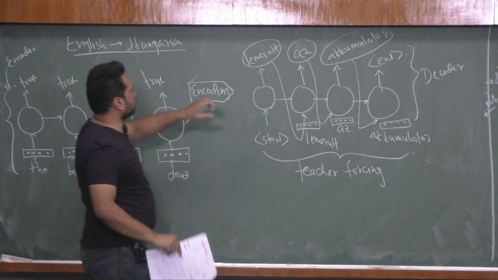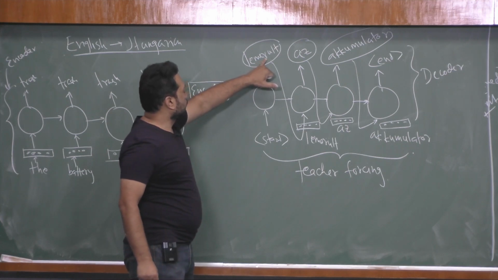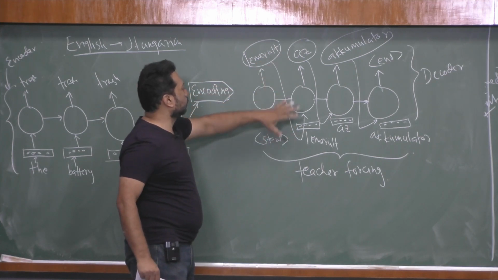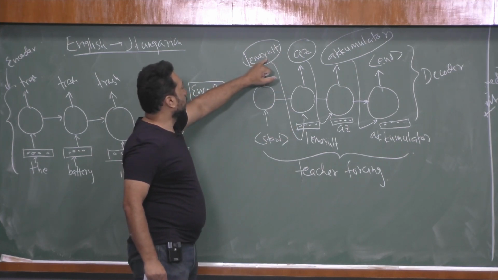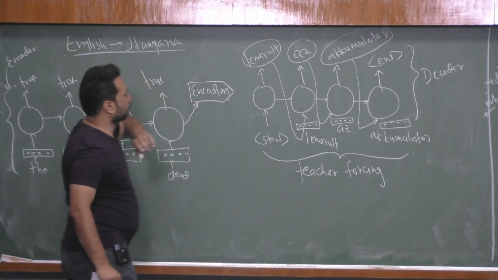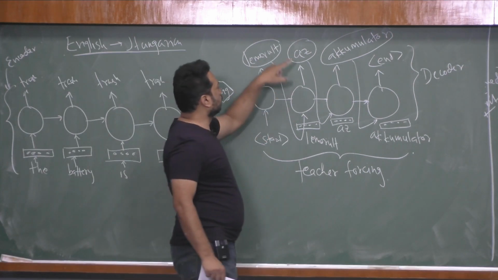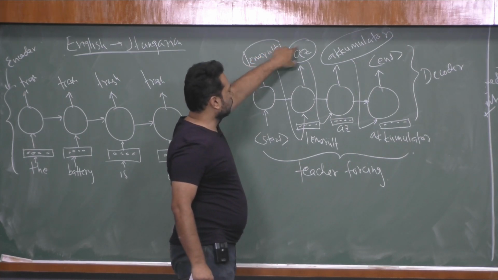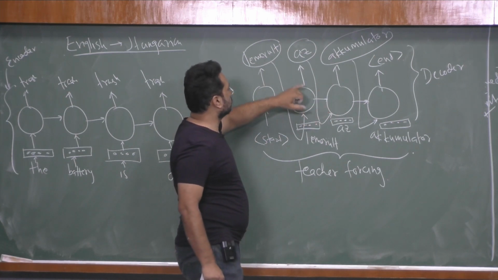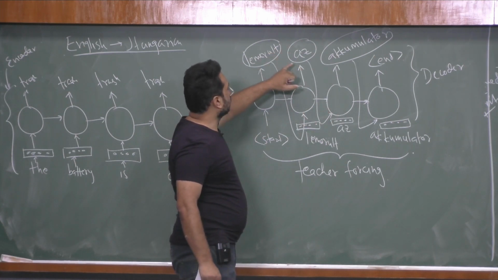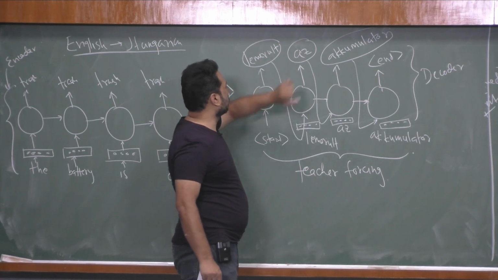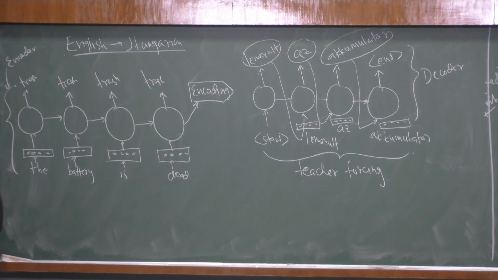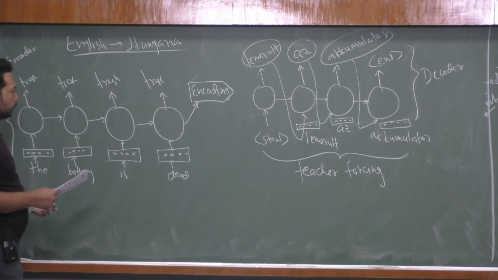If it produces something other than this, then we force the network to update the parameters such that it learns to produce this next time. Similarly, if this word goes in, then the correct next word is already AZ. In case the network doesn't produce AZ, we force the network to update the parameters via gradient descent. That's called training. With the updated weights, we expect that it will learn to produce AZ. This way of training is called teacher forcing.